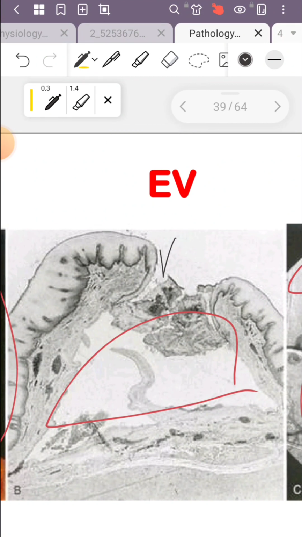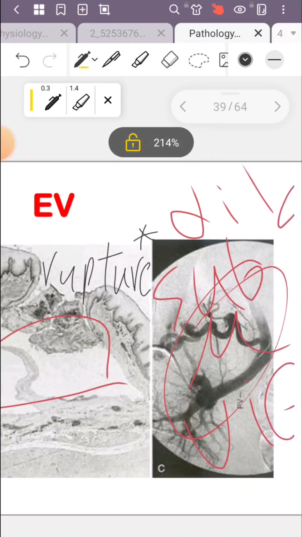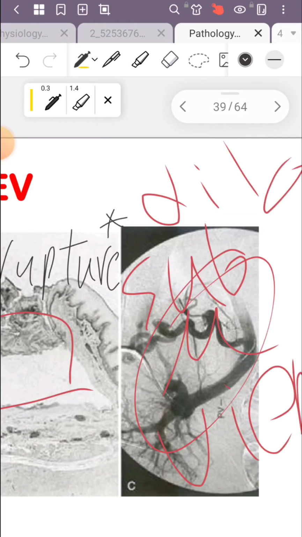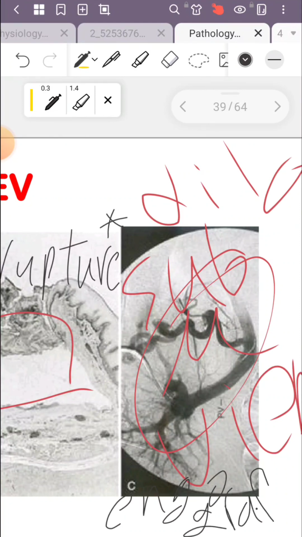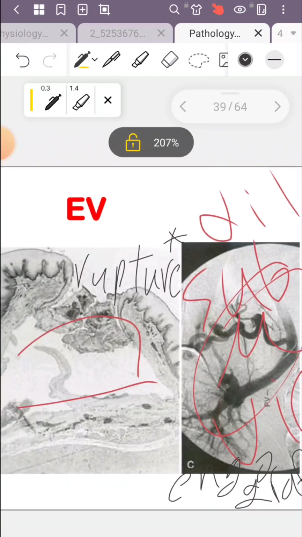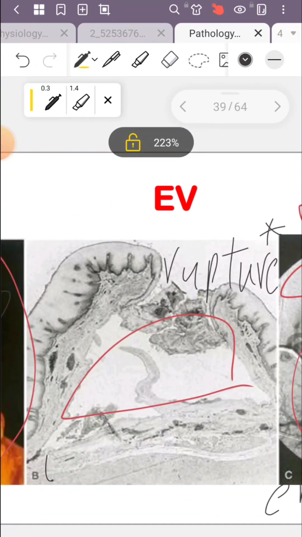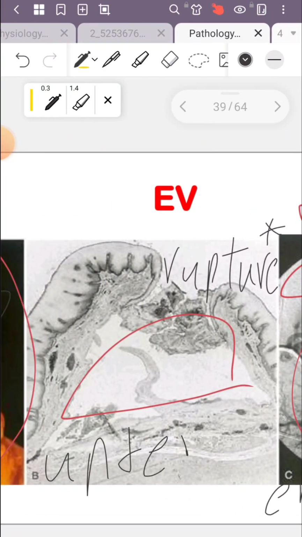When rupture occurs, hematemesis happens, which is painless hematemesis, and this is an angiographic demonstration of the dilated veins in the lower esophagus. These areas, esophageal, umbilical, hemorrhoidal, are mainly related to portal hypertension in cirrhotic patients.